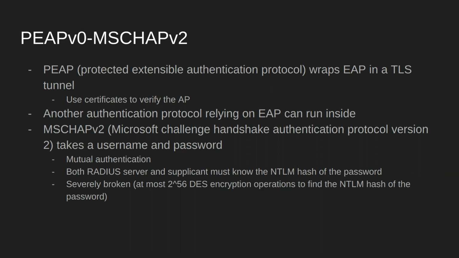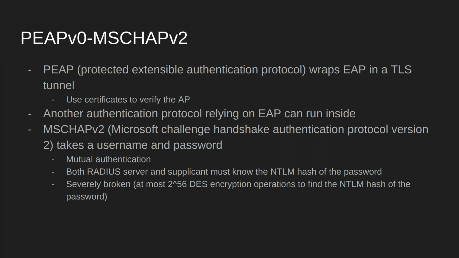So EAP on its own was designed for physical connections. So it has no security and it has no authentication. So PEAP is an extension to EAP that wraps EAP in TLS, which is the same encryption protocol used for connecting to HTTPS sites.